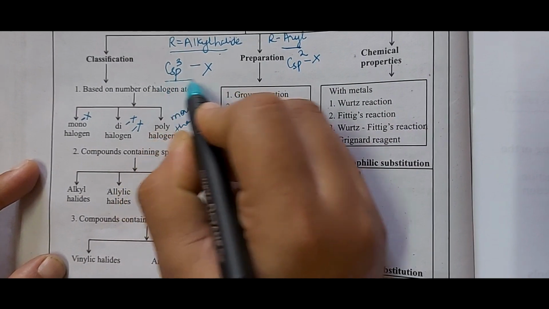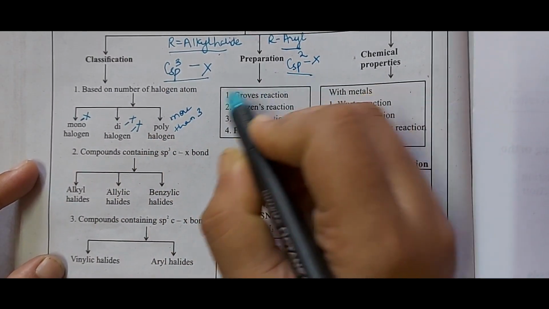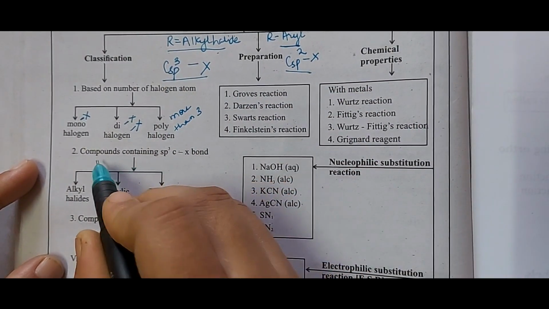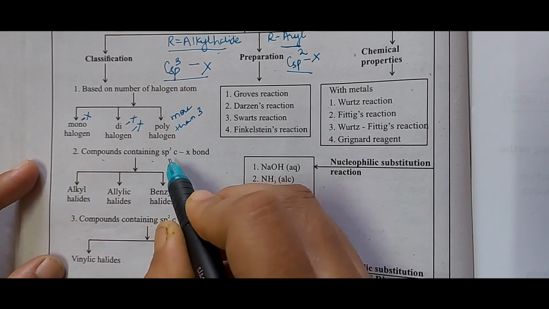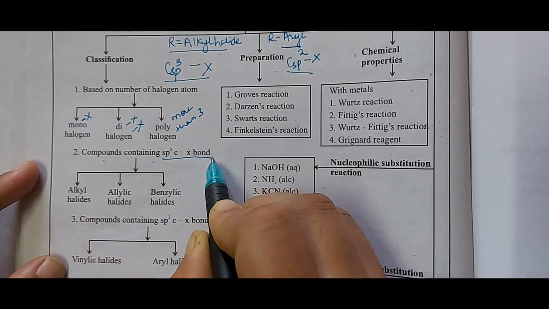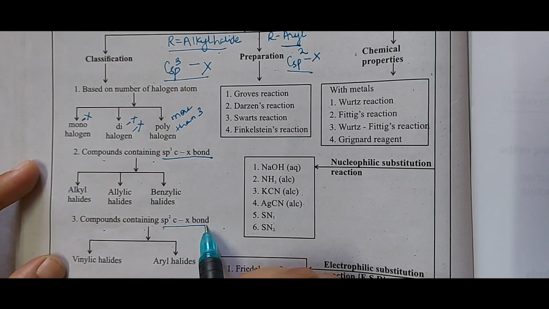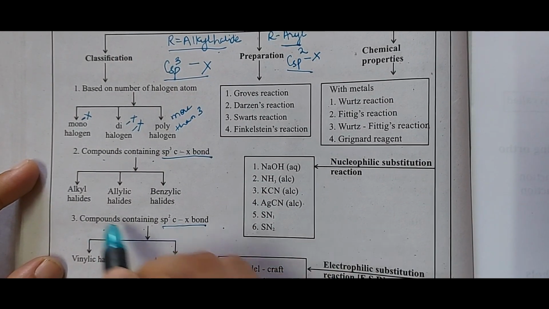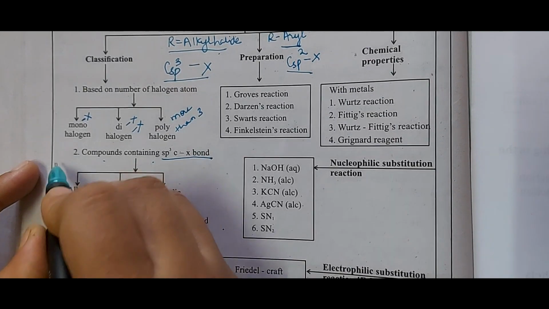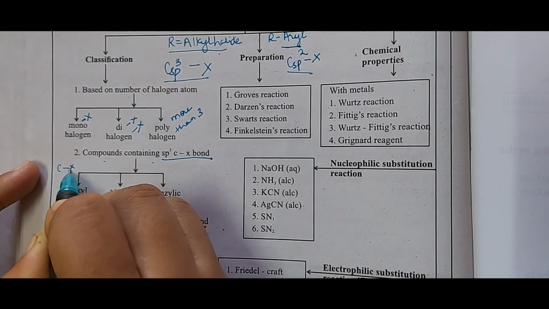We'll see examples. So based on this, we classify them into compounds containing an sp3 hybridized carbon-halogen bond and an sp2 hybridized carbon-halogen bond. In the sp3 carbon-halogen bond, the first classification is alkyl halide.